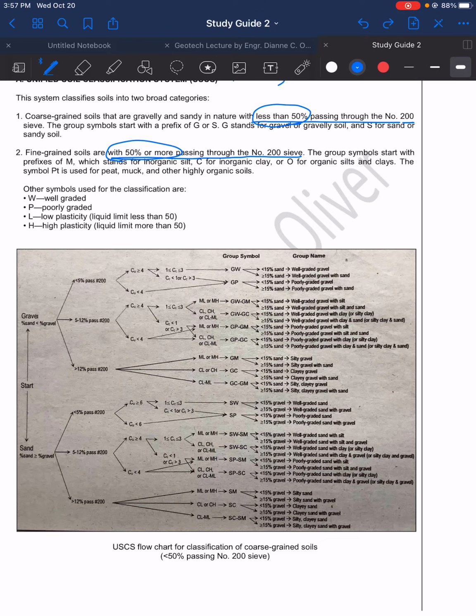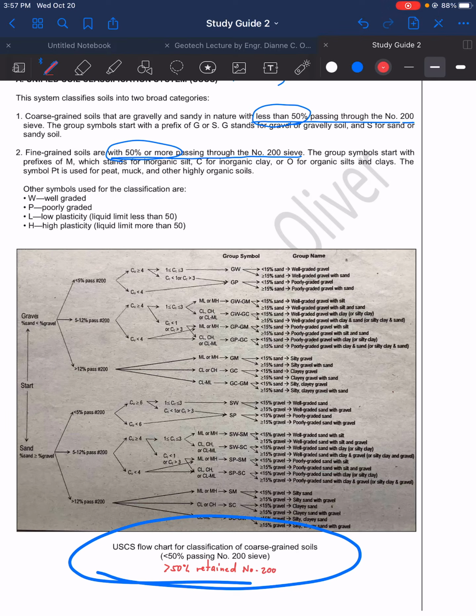This is the flow chart for the coarse-grained soil. It says less than 50% passing number 200, which we can also define as greater than 50% retained on the number 200 sieve.